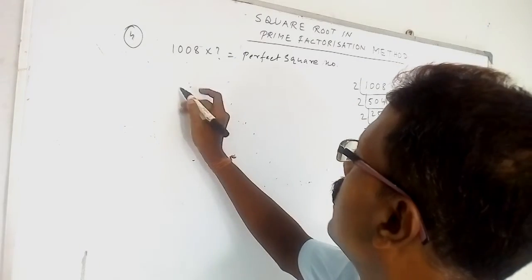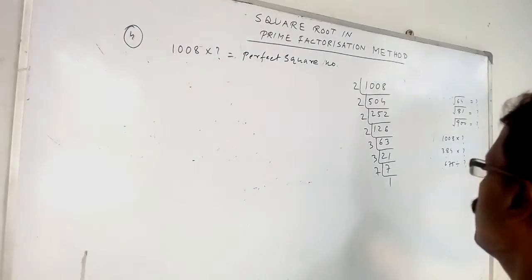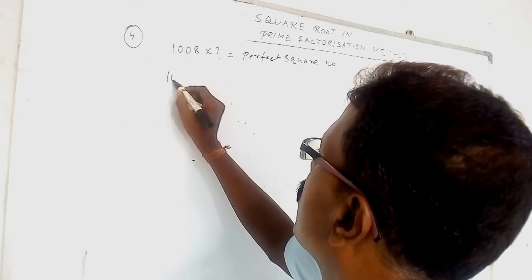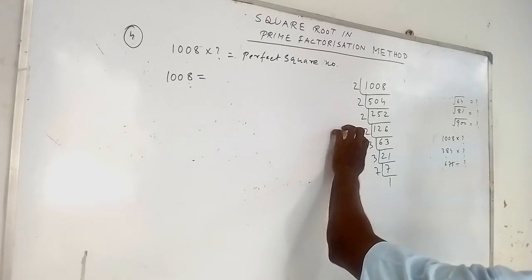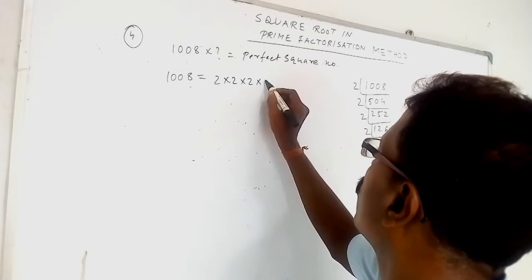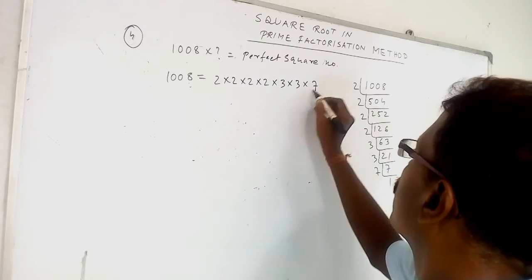So 1008 is equal to 2 into 2 into 2 into 2, 3 into 3 into 7.